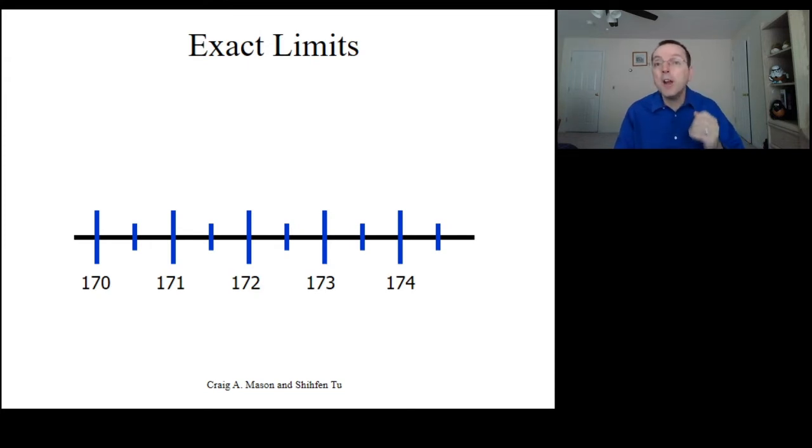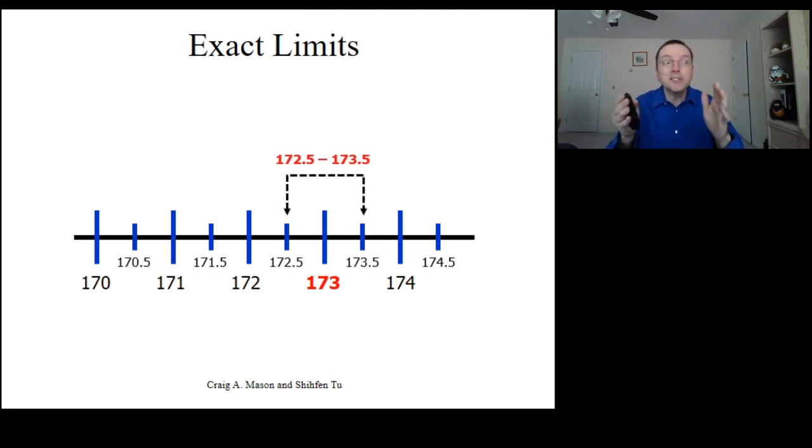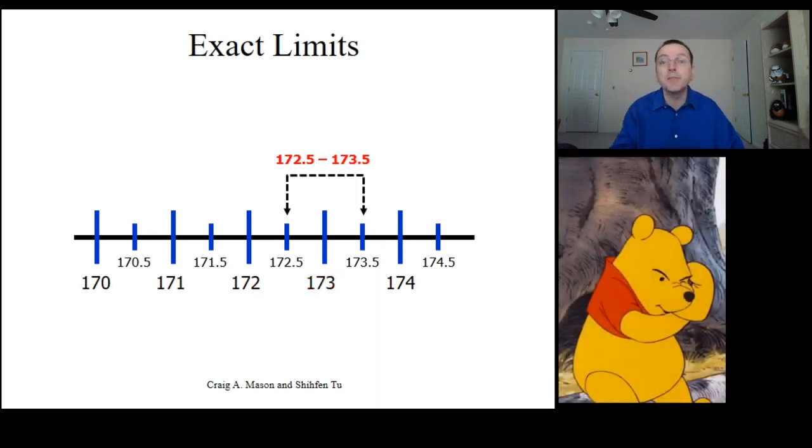If I've rounded height to the nearest centimeter, the exact limits would be halfway between the reported score values. For my example, I might report my height as 173 centimeters, reflecting the score limits, but 173 centimeters would actually include any true value between 172.5 and 173.5.